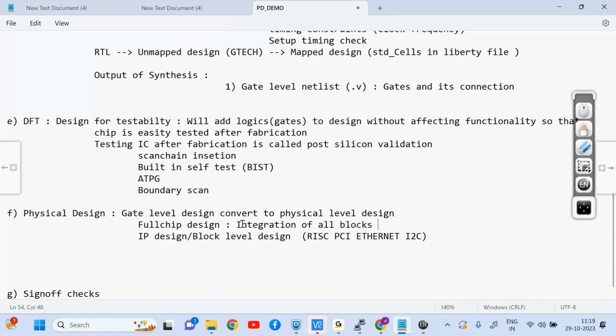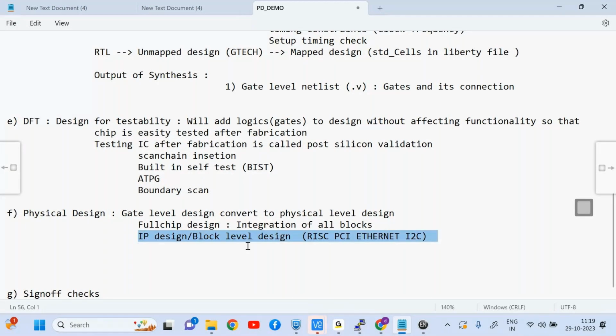Block level design and IP design are both the same. Physical design cannot be done for 10 lakh gates. We can do physical design for a maximum of 1 lakh gates. So for that reason, first we will build small blocks, and those blocks are integrated to form what? The full chip. So this is called full chip level physical design.